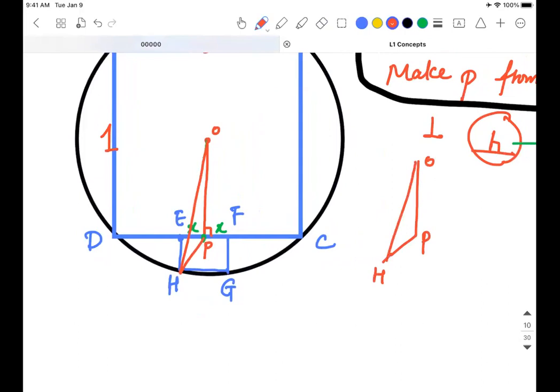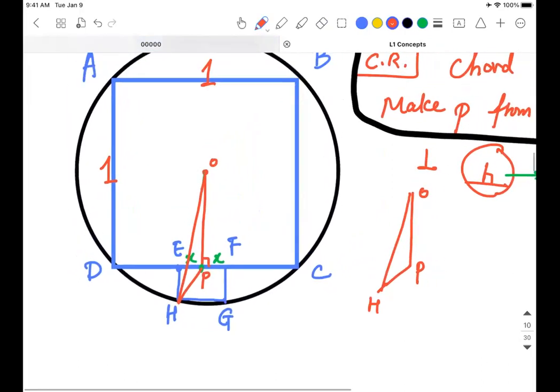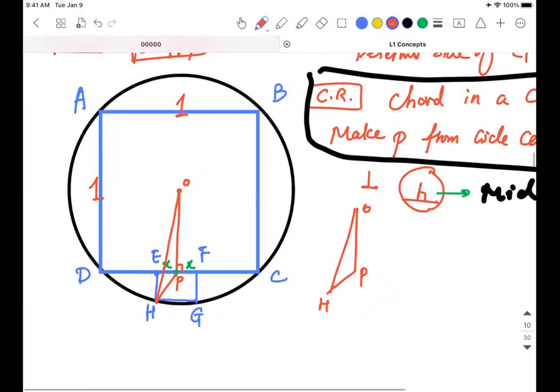Let's have a look at it. How are you going to deal with such a triangle? First thing first, the triangle has OH. OH is the radius of the circle, right? Is it easy to determine the radius? That's fairly easy. The question already gave you the big square with a side length equal to 1.